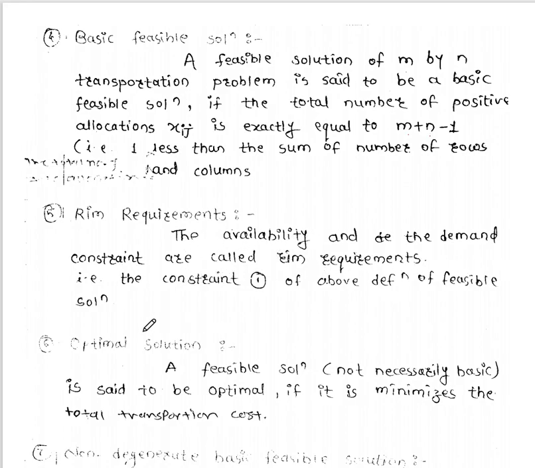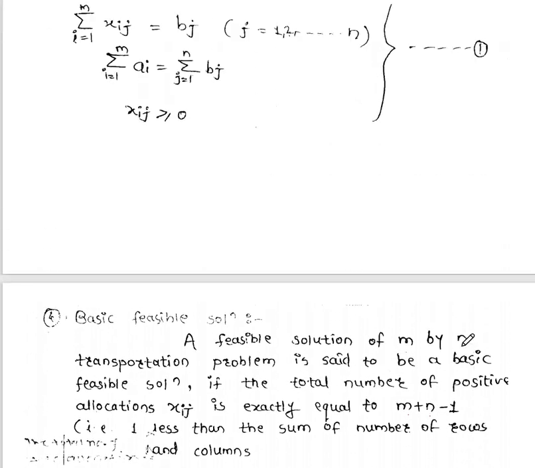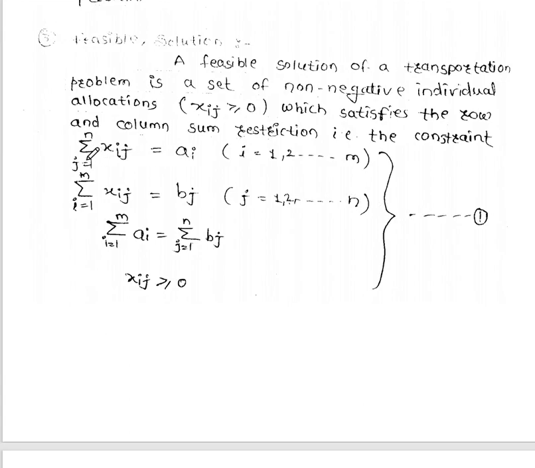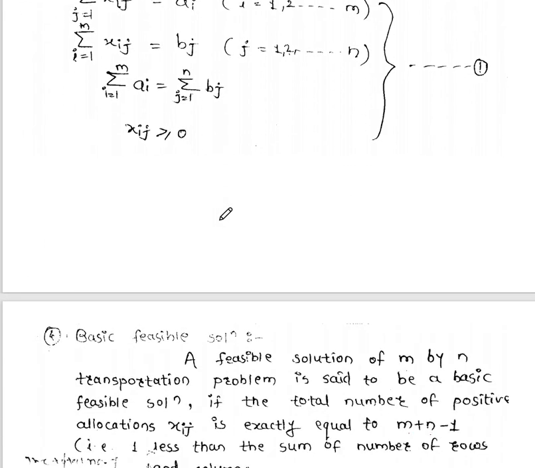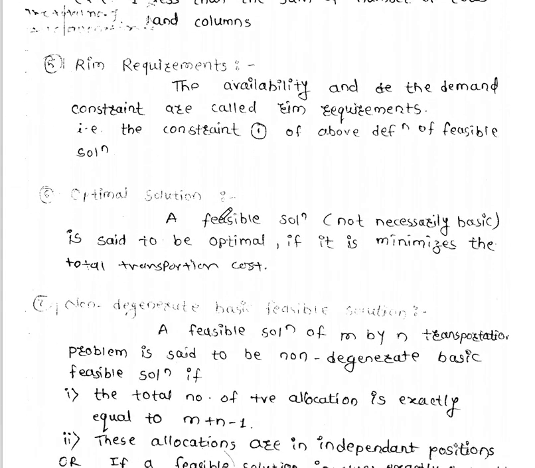Equation number 1 of the above definition is a feasible solution: summation xij is equal to ai and summation xij is equal to bj. So availabilities and requirements should be satisfied. So a1, a2, ... am and b1, b2, ... bn are called the rim requirement. Then we will see the optimal solution definition.